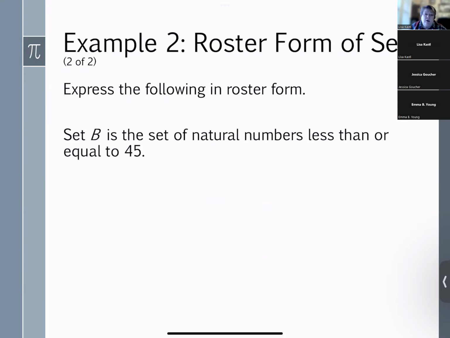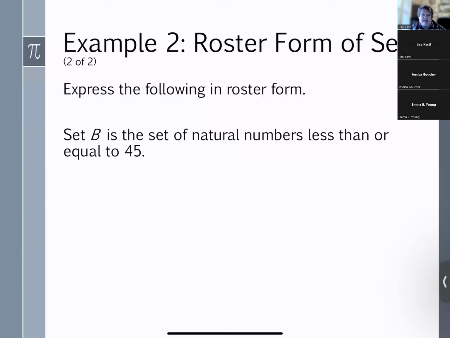Okay, how about this one? B is the set of natural numbers less than or equal to 45. Now, to list this in roster form can be somewhat interesting because what set of numbers that are natural are less than 45?